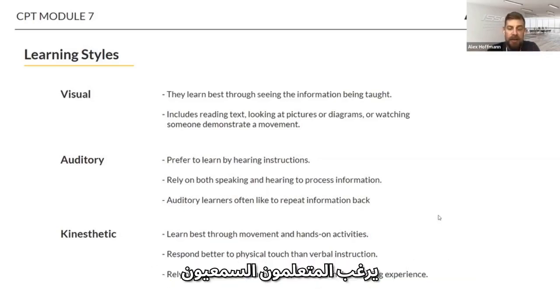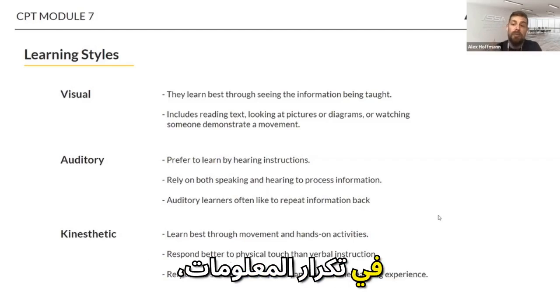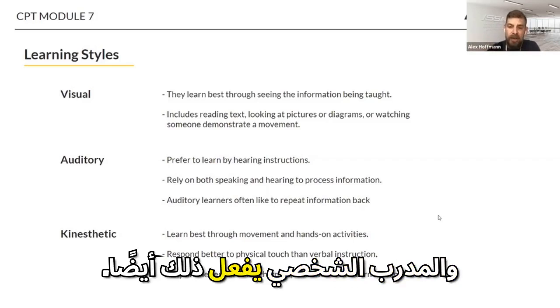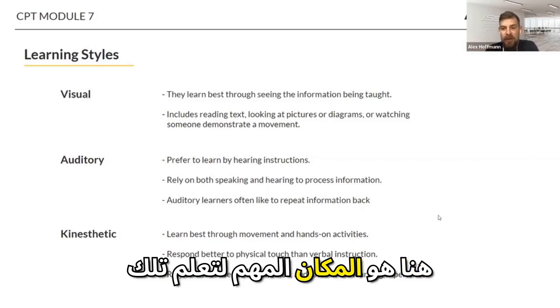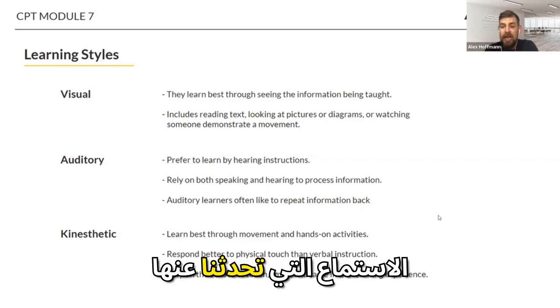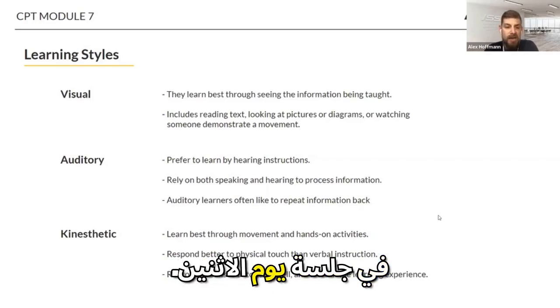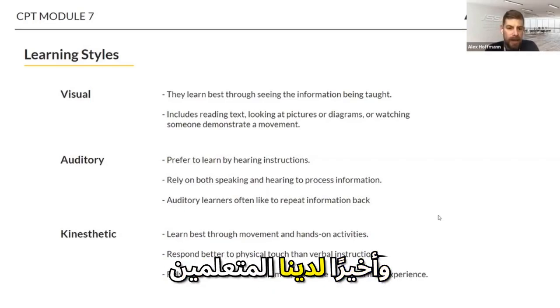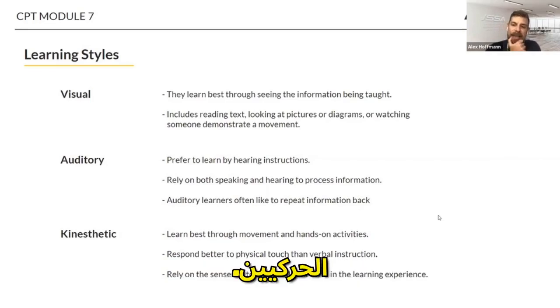Oftentimes, auditory learners like to repeat back the information to the personal trainer as well. So this is where it's important to utilize those listening skills that we talked about in our Monday session. And then lastly, we have kinesthetic learners.